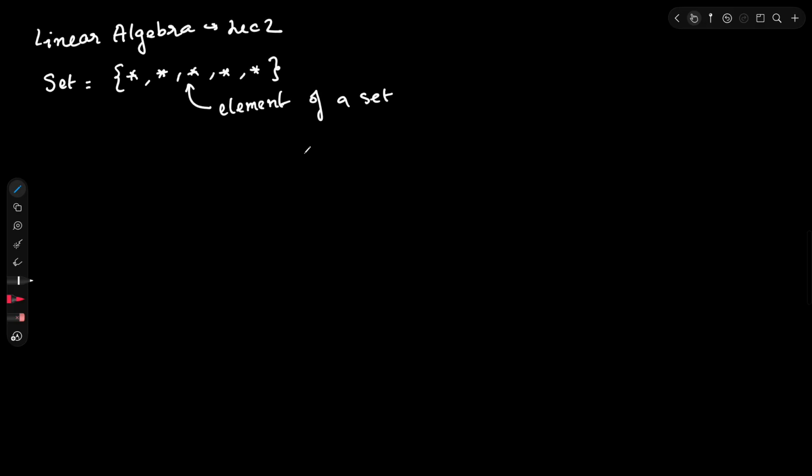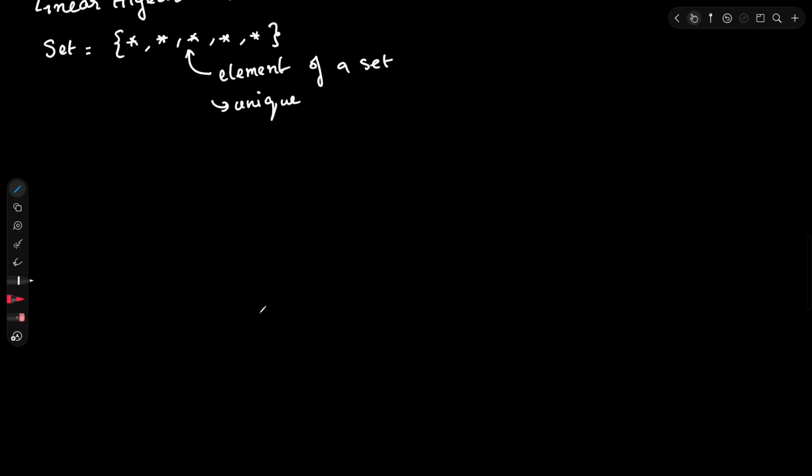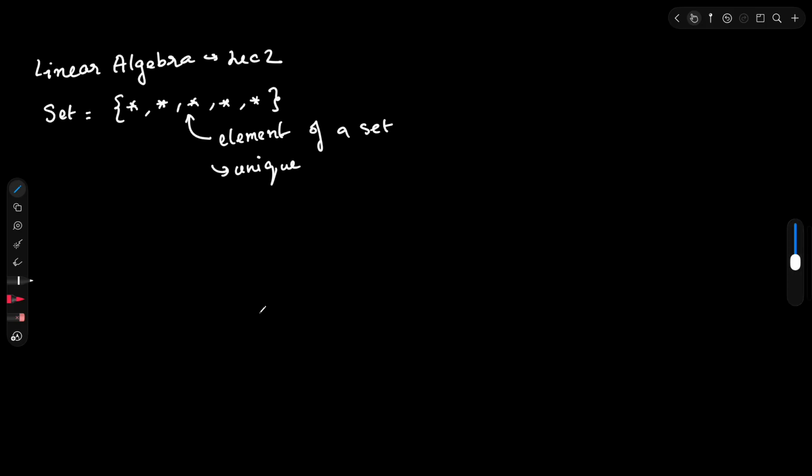So this is a set, and we have some properties to define a set. The only property is that every element of a set has to be unique, and these are very simple properties. This is taught in very lower grade classes.